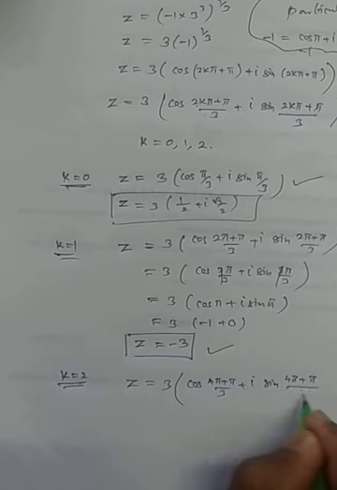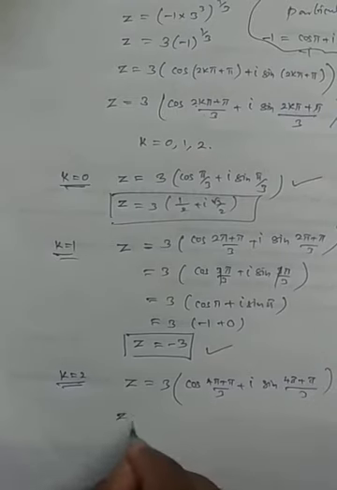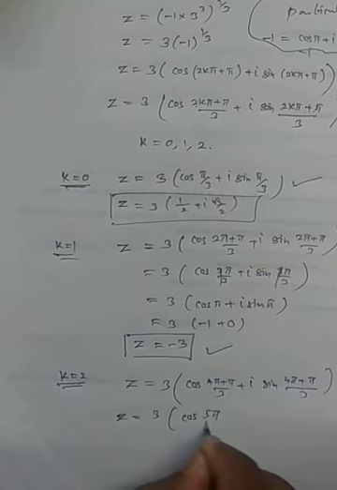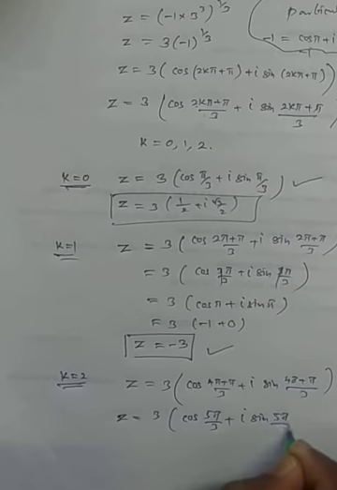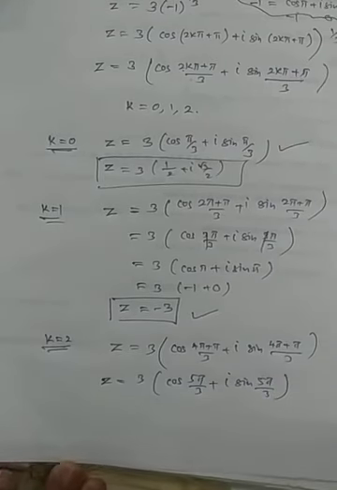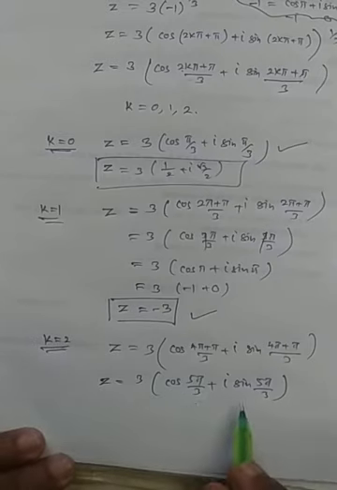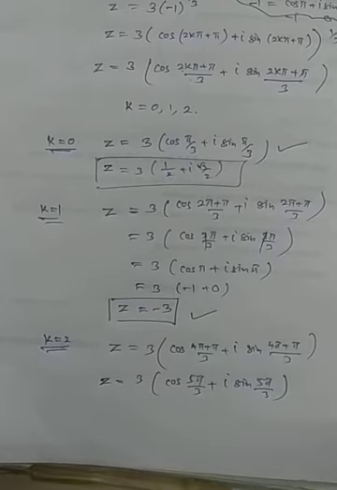That is, z equals cos 5 pi by 3 plus i sin 5 pi by 3. You can leave 5 pi by 3 as it is, or solve it as 2 pi minus pi by 3.